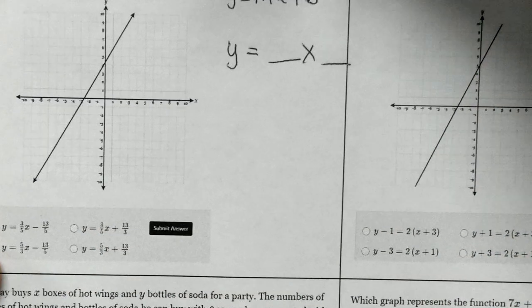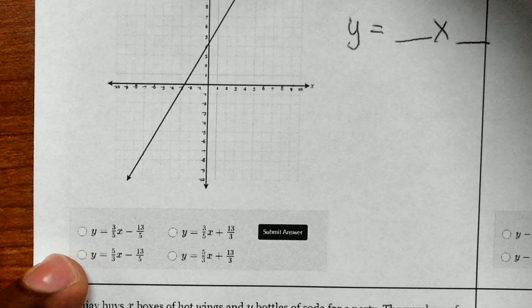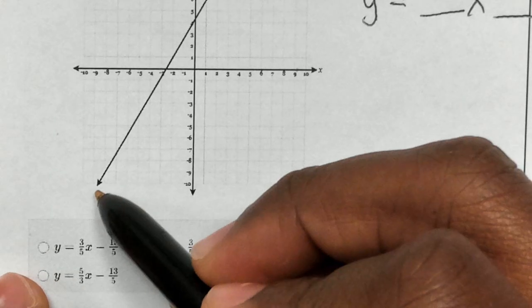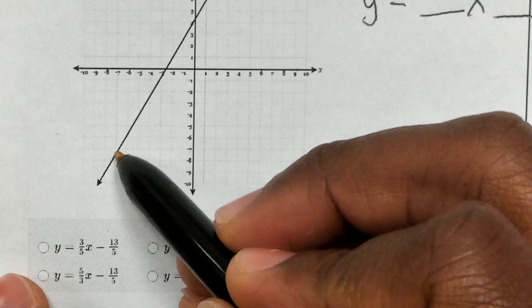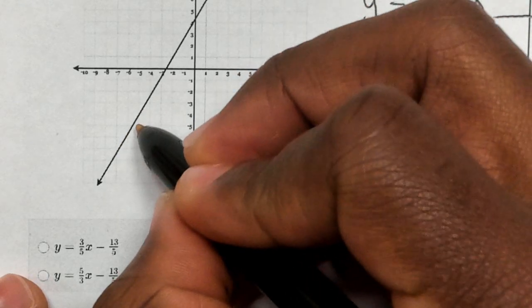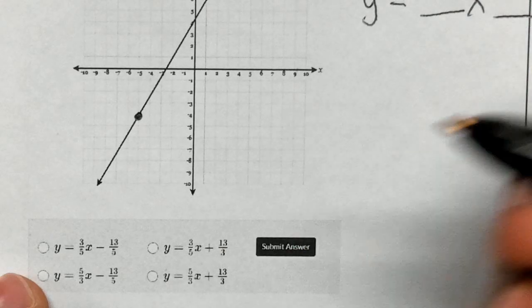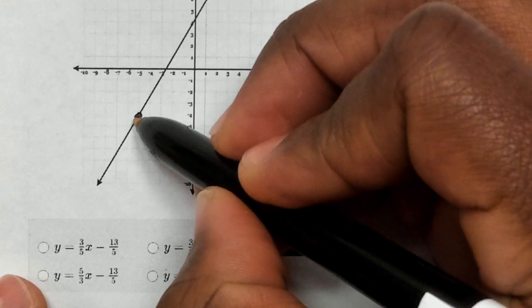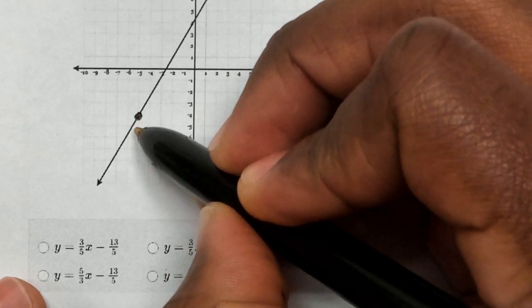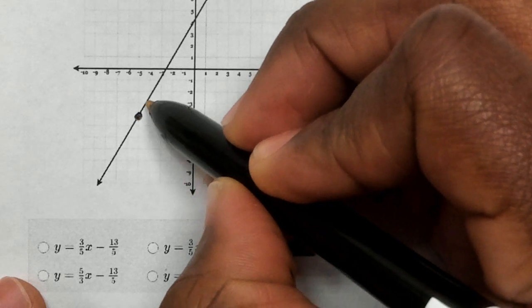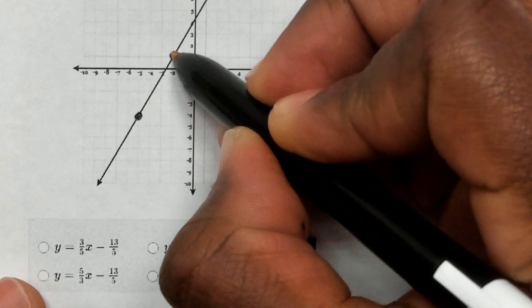So to find your slope, you're going to go from a solid point to a solid point. So when I look here, my first solid point seems to be right here, okay? I know it's hard to see, all right, but we're going to just try our best. Our next solid point seems to be right here, okay?